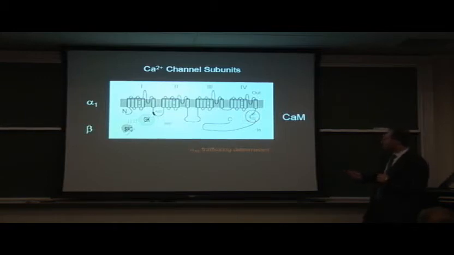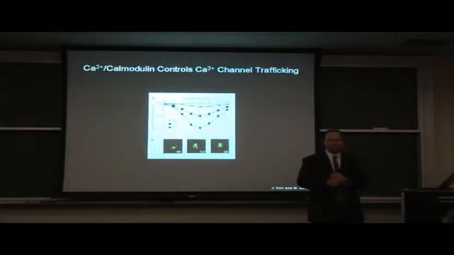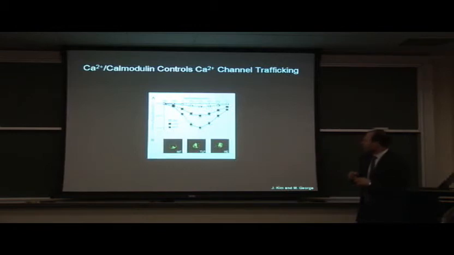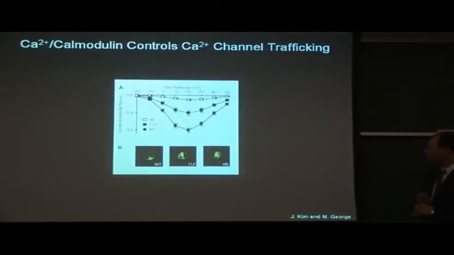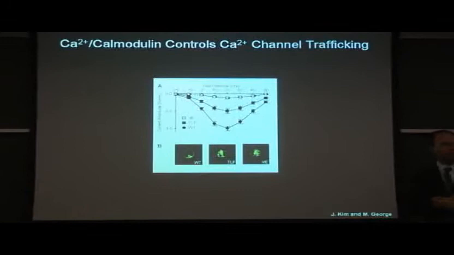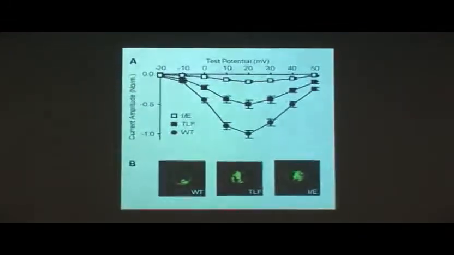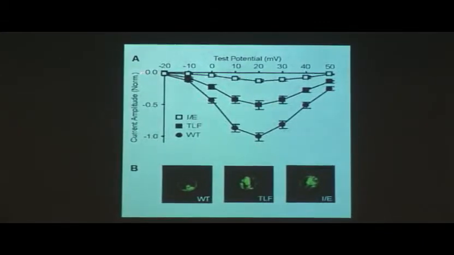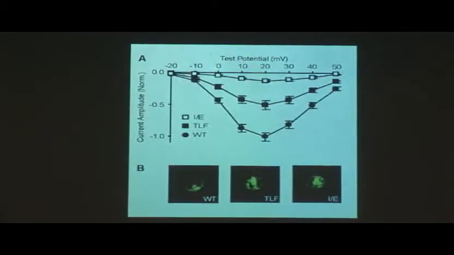I'm going to show you that we have now explored how calcium and calmodulin regulate trafficking, and proved this hypothesis correct. Part of it came out of when we were making all the mutations in the previous study from last year, looking at how calmodulin interacts with the channel. We noted that mutations that disrupted calmodulin interaction biochemically led to decreased current amplitude. These are a series of IV curves of the wild-type channel and two different mutants that disrupted calmodulin interaction.